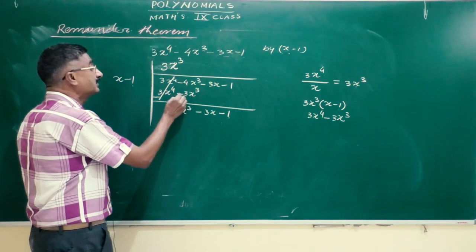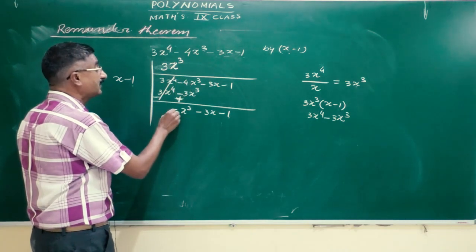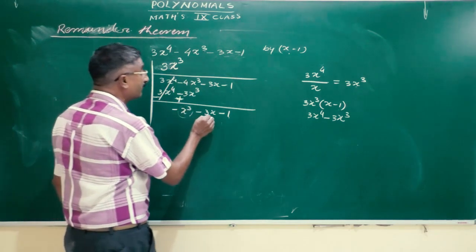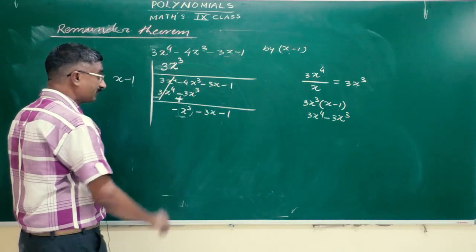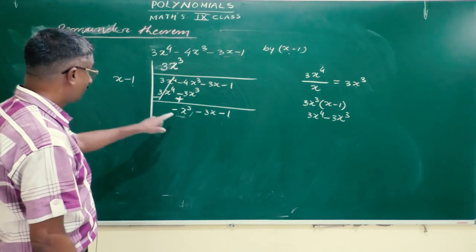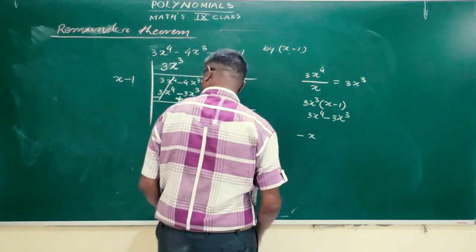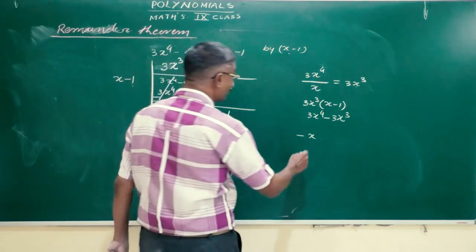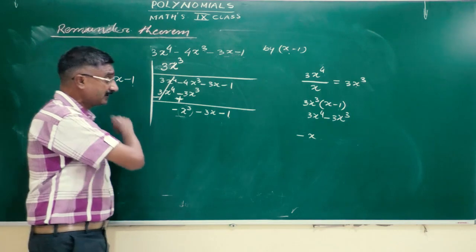Opposite sign, minus minus plus. So this is plus 3 minus 4, so minus sign, minus x cube minus 3x minus 1. So the very first term in the second step, minus x cube, divided by x.